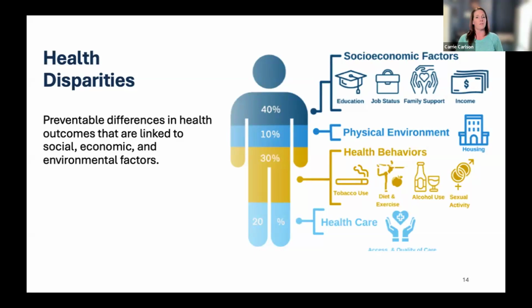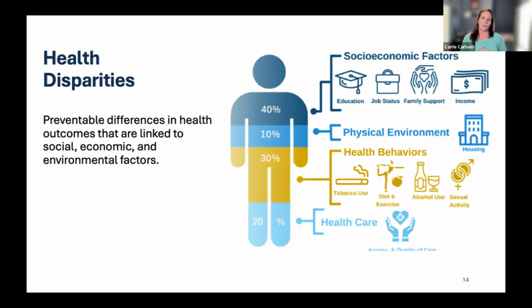On the right-hand side of the screen, you have an outline of a person, and on the top, it has those socioeconomic factors with a line that goes to the outline that says 40%. And that has education, job status, family support, and income underneath that, and then physical environment.